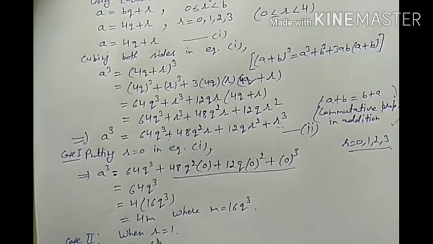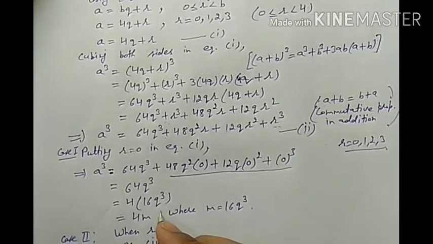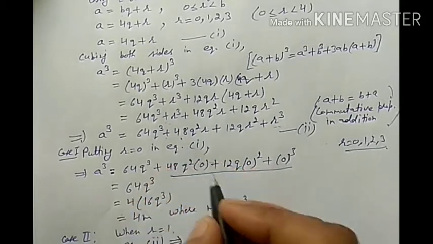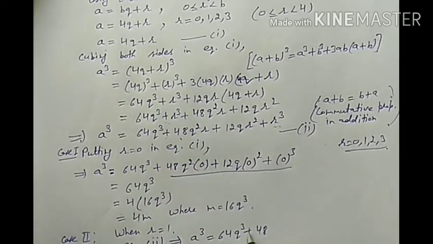Equation second gives that a cube is equal to 64q cube plus 48q square as it is.